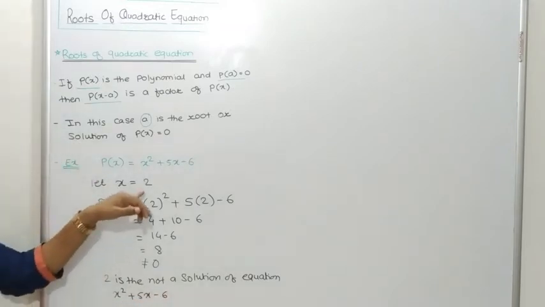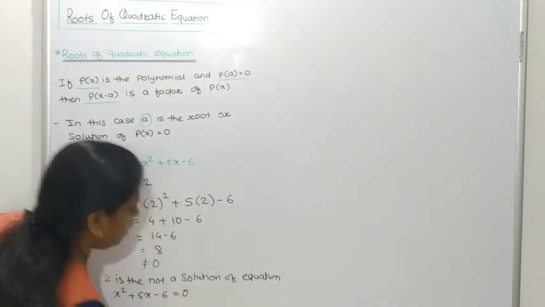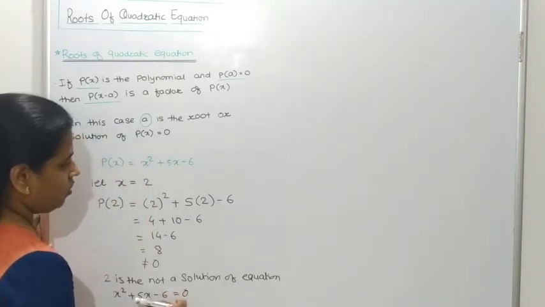That means 2 is not the solution of the equation x square plus 5x minus 6 is equal to 0, because we can't get it equal to 0.